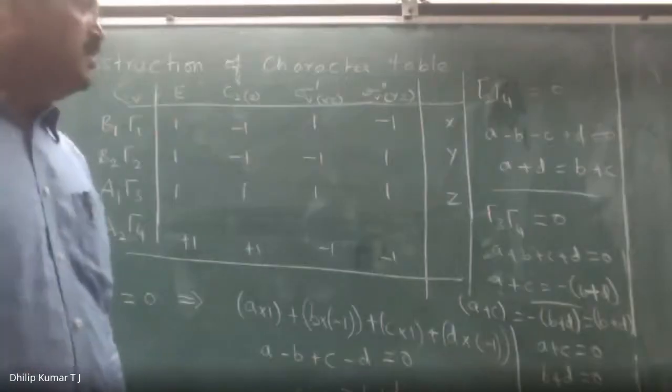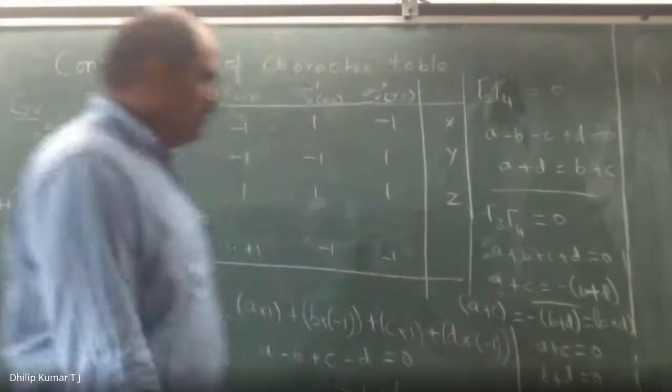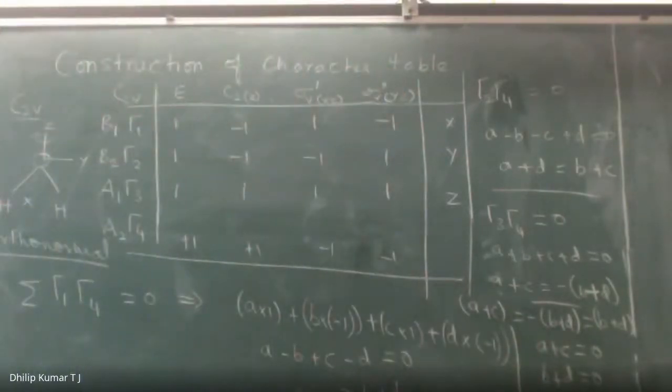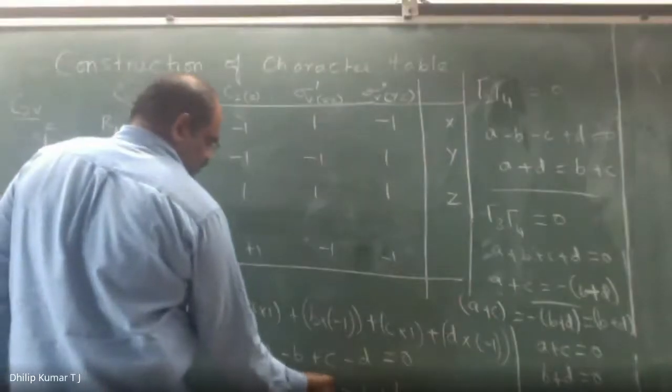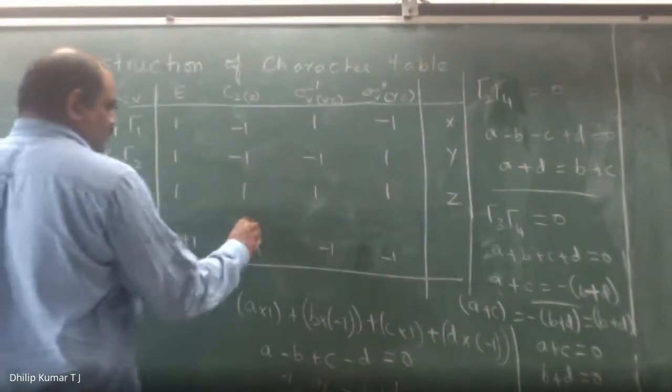They are orthogonal. Hello, sir. Yes, tell me. Sir, in case of B and D, we can also take B equal to -1 and D equal to +1. You're saying B equal to -1, C equal to +1, the other way, right? Yes, sir. In principle, we can take that.